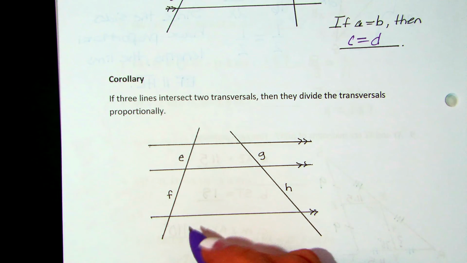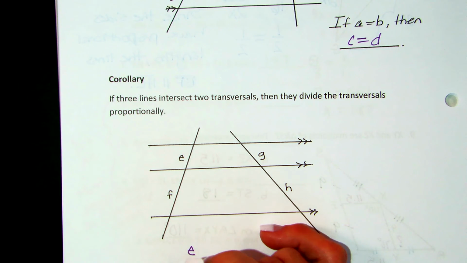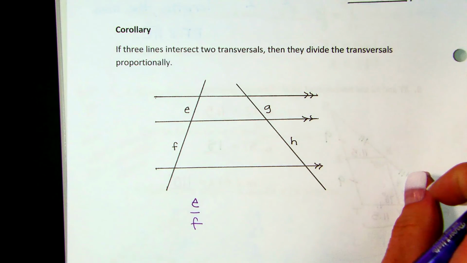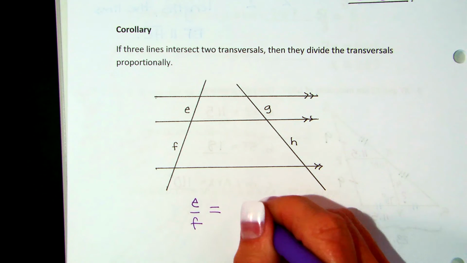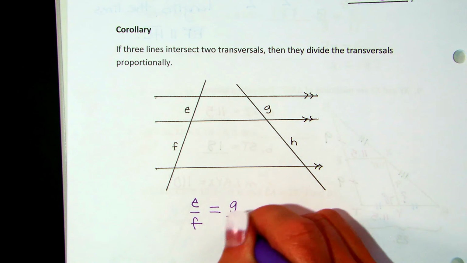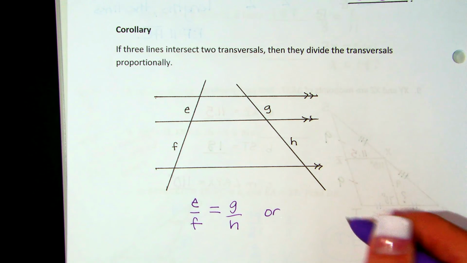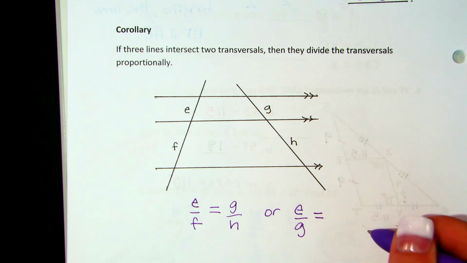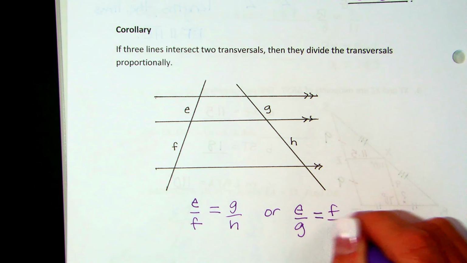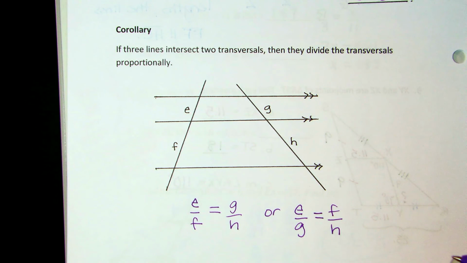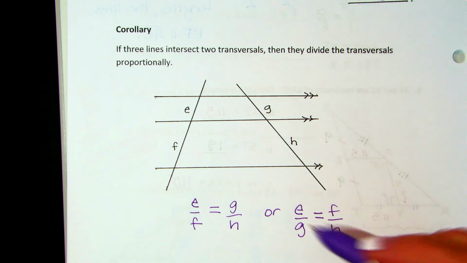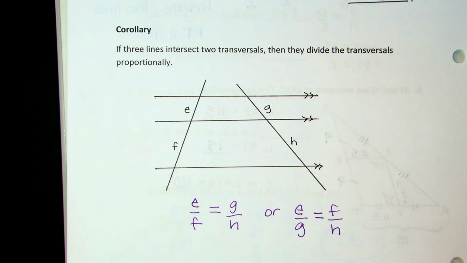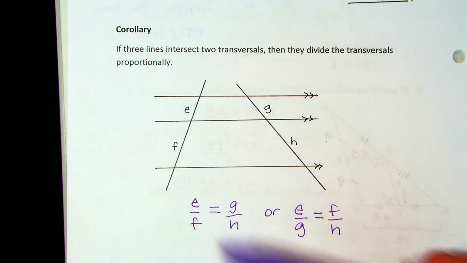So now you have E is to F as G is to H, or E is to G as F is to H. Because you can check your cross products, you're still going to have E times H and F times G.